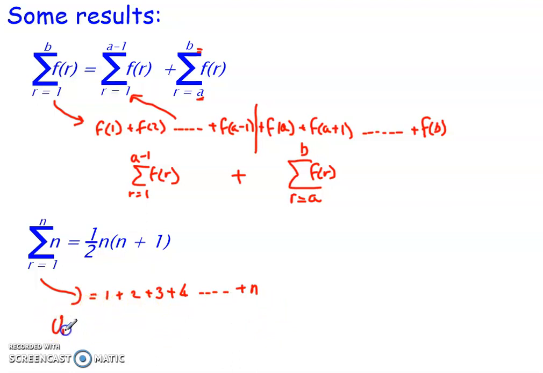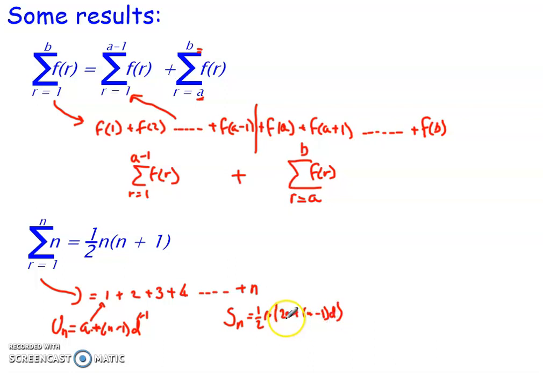Now remember, for an arithmetic series, each general term takes the form un equals a plus n minus 1 times d. Now if I was to equate this to this one here, I'd know that a was equal to 1, and d, my common difference, that's also equal to 1. Now what you've got to remember is that the sum to n terms of any arithmetic series is given by a half n bracket 2a plus n minus 1 times d.